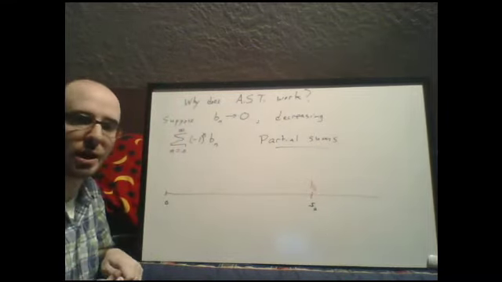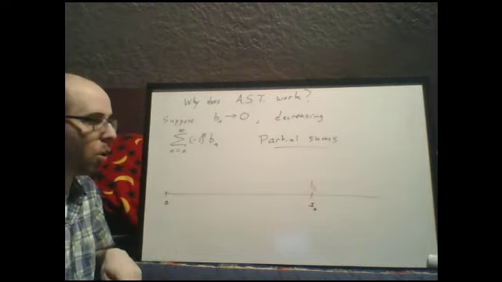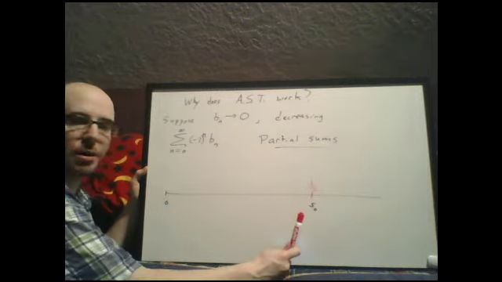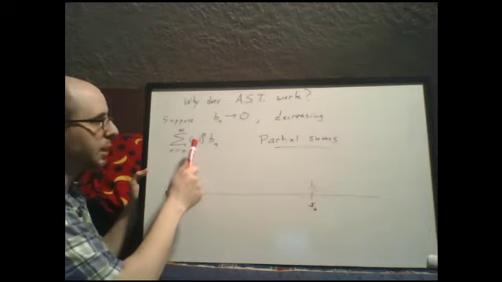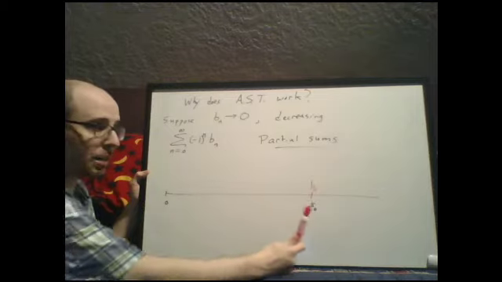Then you look at the next partial sum, S1. I would take S0 and add the next term of my sum. So I have b0 plus (-1)^1 b1. Basically I'm subtracting b1 from this.